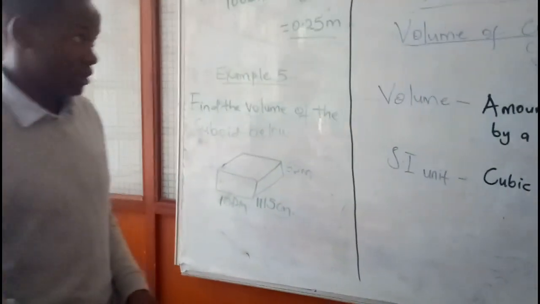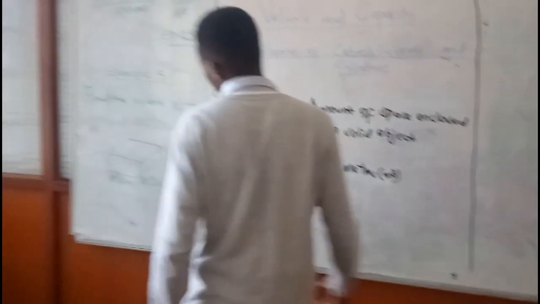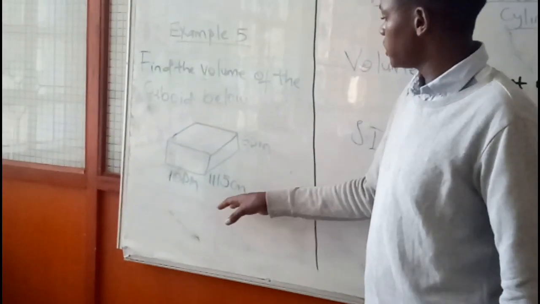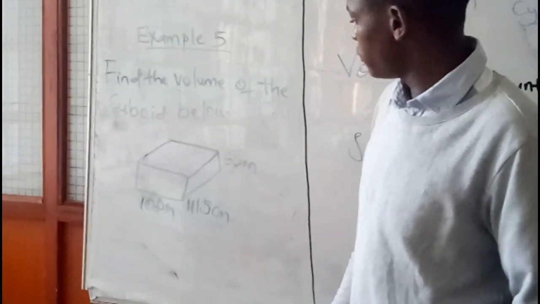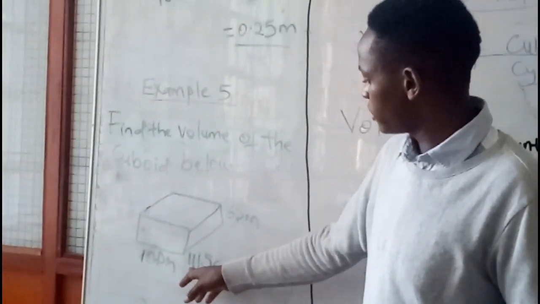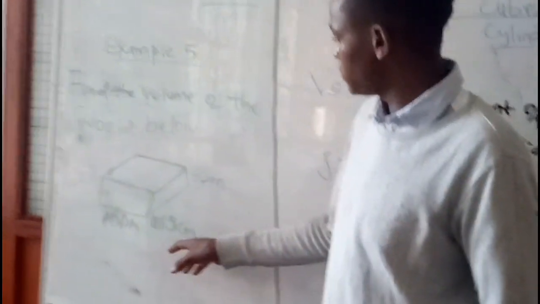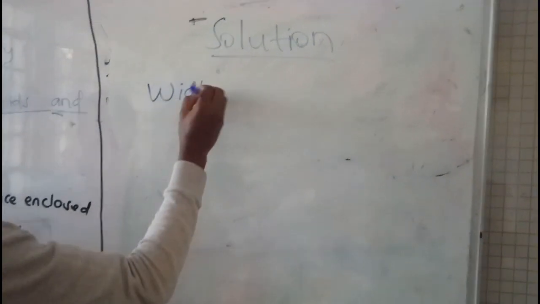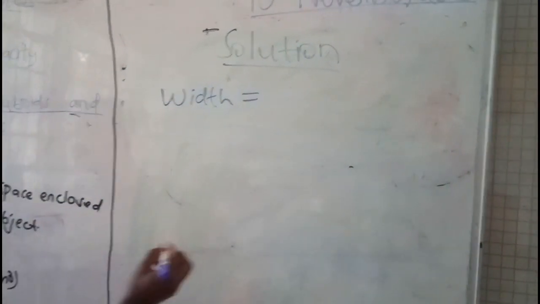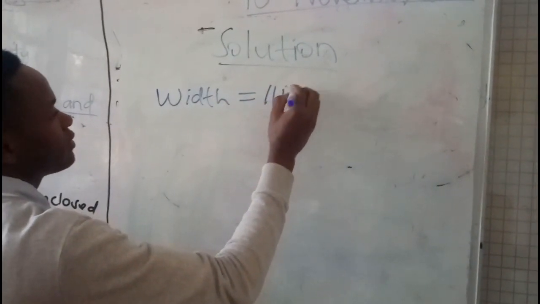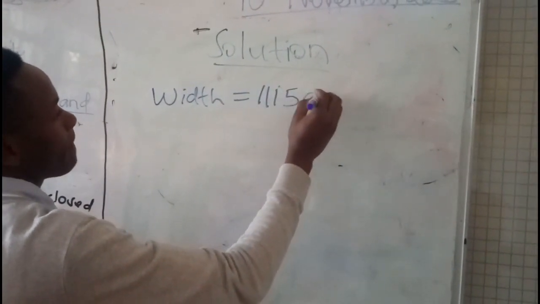So the solution part. As you can see, the measurements here are not uniform. You have decameters and centimeters. So we should make it uniform by changing the value of the width, which is in centimeters, to decameters. The width has been given as 1,115 centimeters.